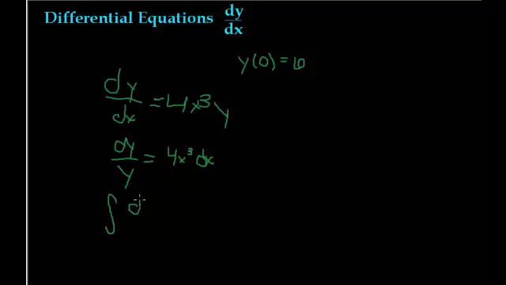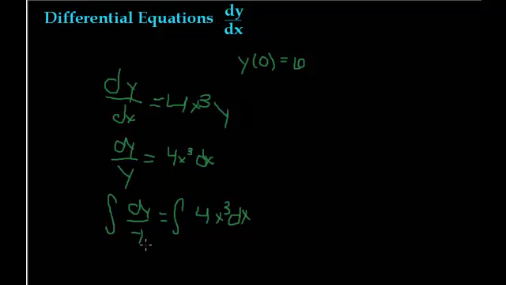So you have the integral of dy all over y is equal to the integral of 4x cubed dx. So like before, now what you do is you take the antiderivative just to get the y's and the x's by themselves without any integrals or derivatives in there.